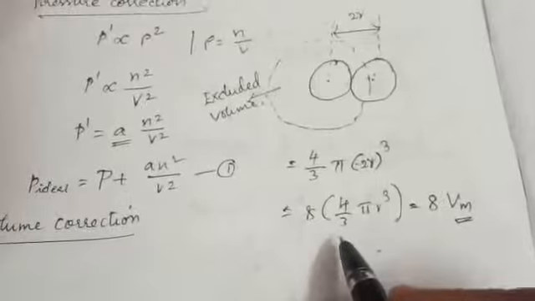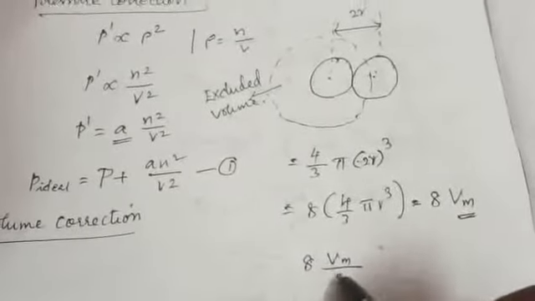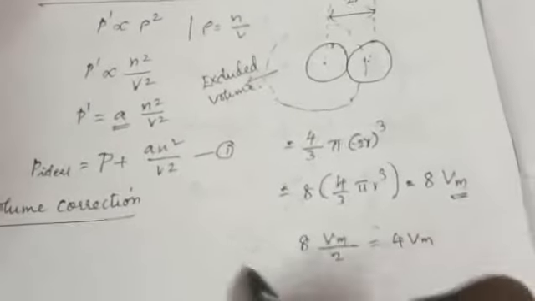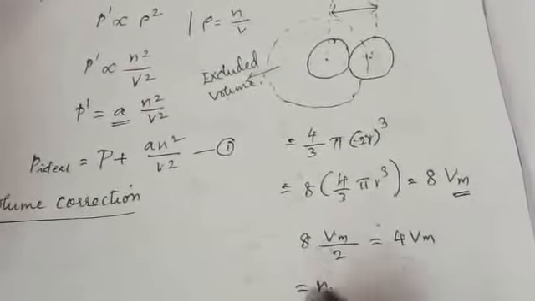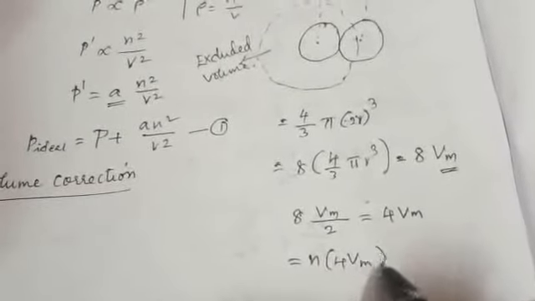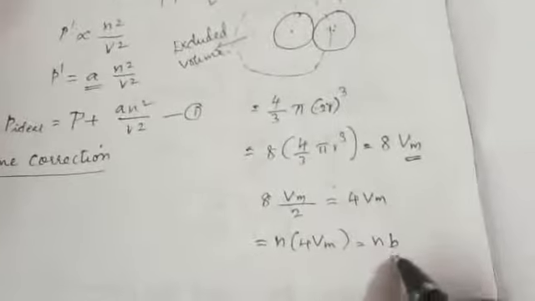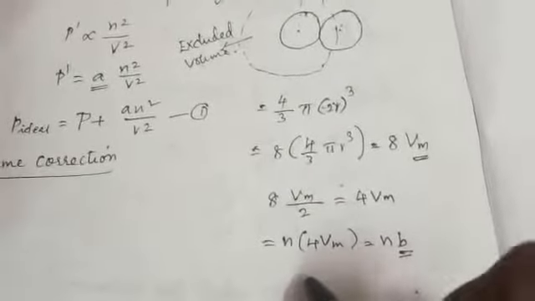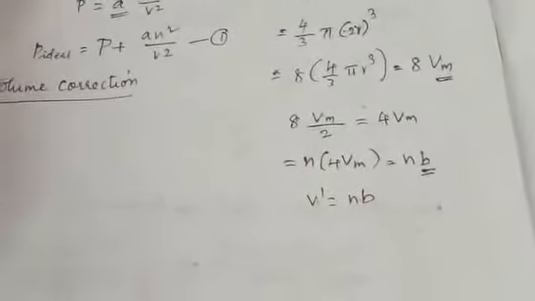The excluded volume for a single molecule is 8 Vm divided by 2, equal to 4 Vm. So the excluded volume for n molecules is n times 4 Vm, equal to nb. The b is called the van der Waals constant, so V dash equals nb.